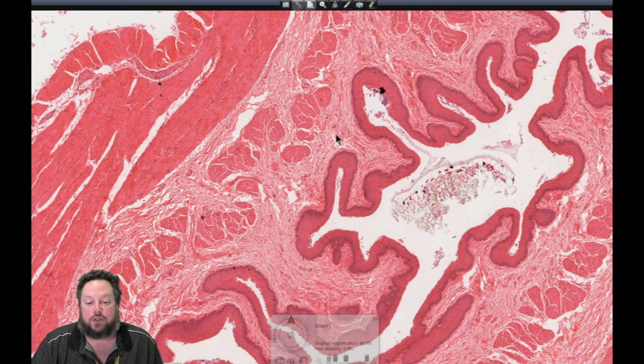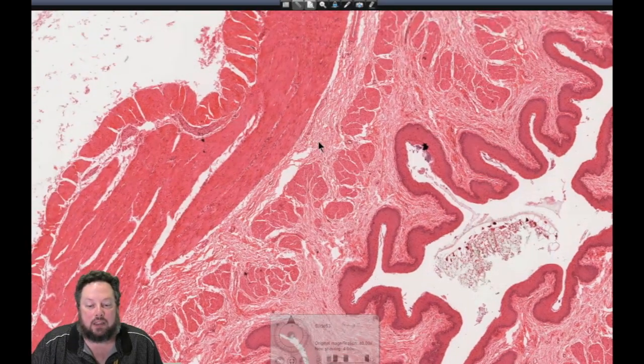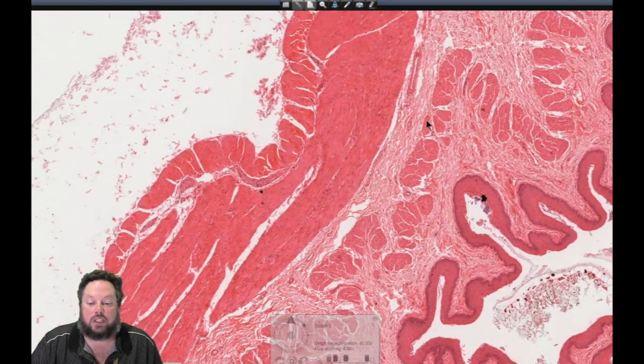So the mucosa consists of this lining epithelium, an underlying layer of loose connective tissue, which is called the lamina propria, and then this layer of smooth muscle, which is known as the muscularis mucosae. So that's the mucosal layer. Then we have a submucosa, tunica submucosa, which is largely dense irregular connective tissue and some larger blood vessels. Then we have the tunica muscularis.